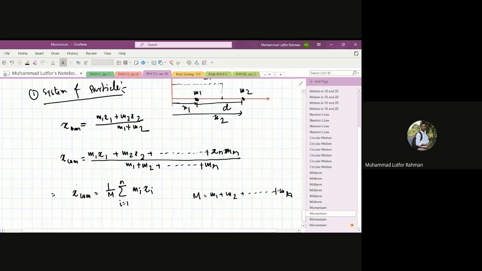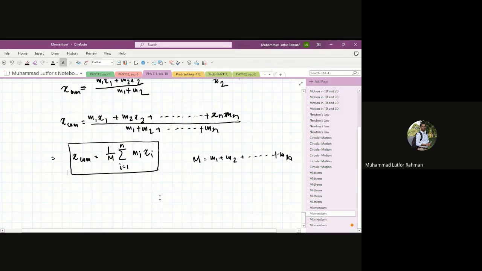This would be the center of mass for this system in the x direction. By the same analogy, we can also find it in the y direction and write the equation for ycom.